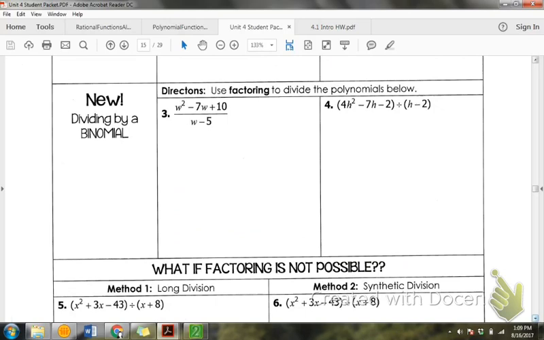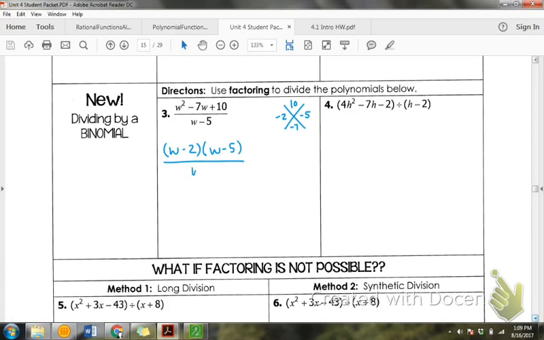So when we factor that, we see what two numbers multiply to get 10 and add to get a negative 7. Negative 2 and negative 5. Right? They both need to be negative. Take it out, all the way out. Okay, so on the top, we have w minus 2, w minus 5.